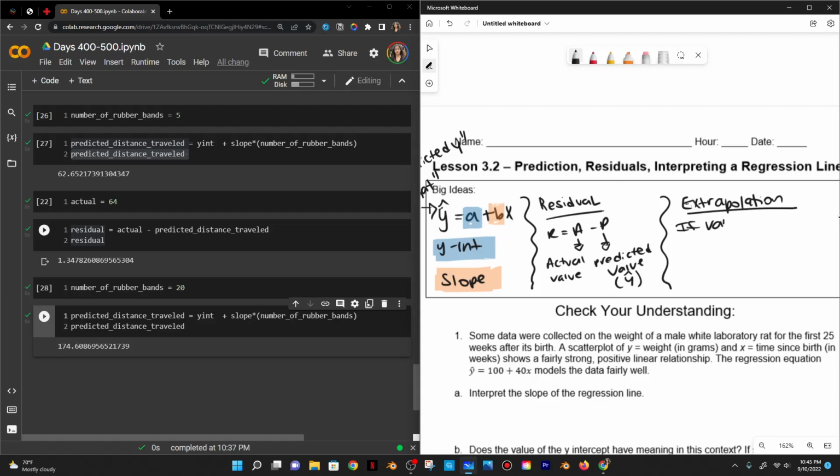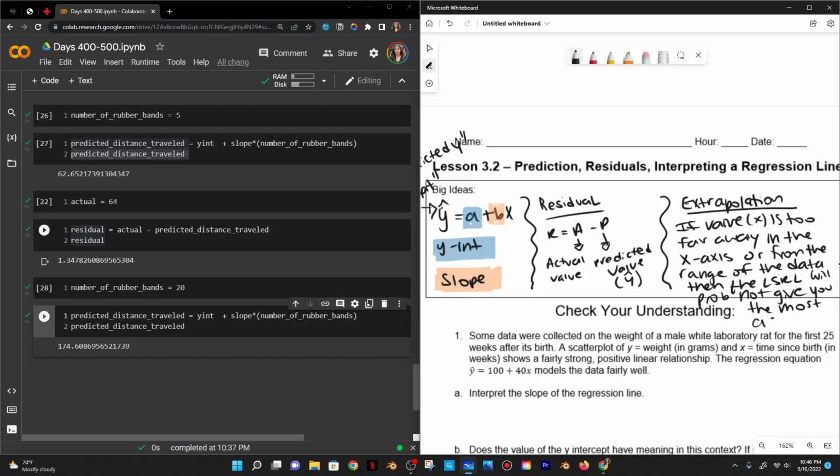If the value x is too far away on the x-axis from the range of the data, then the least squares regression line, which is this over here, will probably not give you the most accurate results. Okay, so that's kind of the idea behind that.